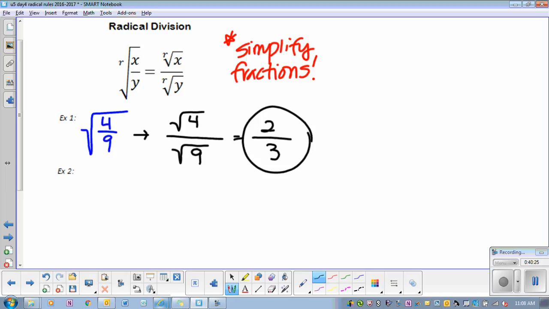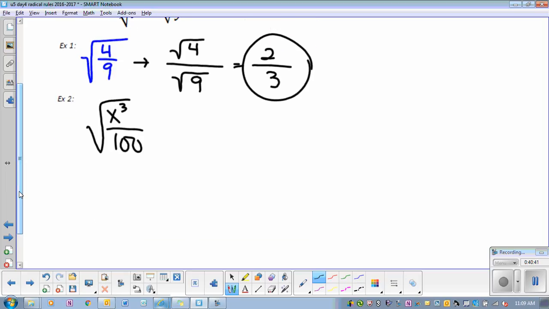Alright, so example 2. What if we had square root of x cubed over 100? Well, I know I can't simplify x cubed over 100 because I don't know what x is, right? So then I'm going to break this up and say square root of x cubed over square root of 100.